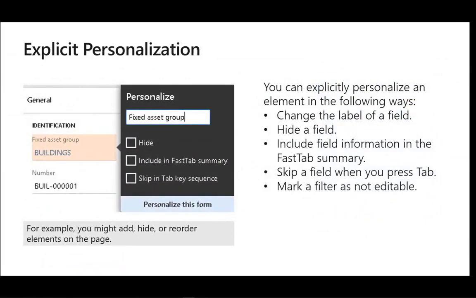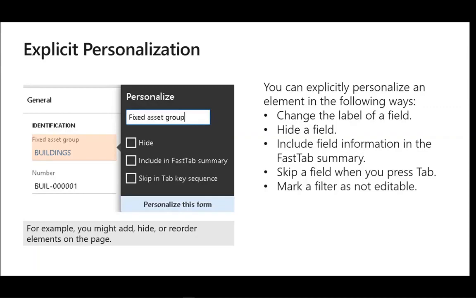The most basic type of explicit personalization is available by right-clicking an element and then selecting Personalize. Note that not all the elements on our page can be personalized. When we use this method to personalize the elements, a property window appears.